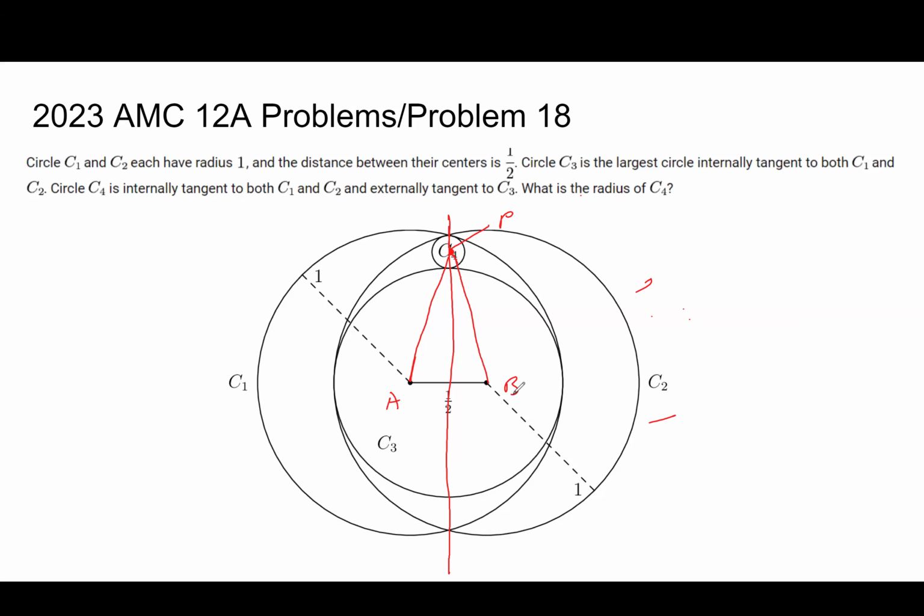We know that AB is 1/2, right? So let's call this point C. So AC will just be half of AB, so there'll be 1/4.